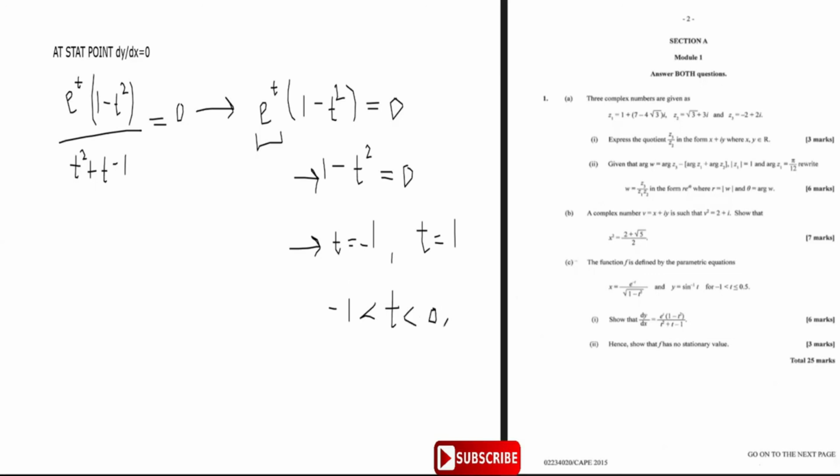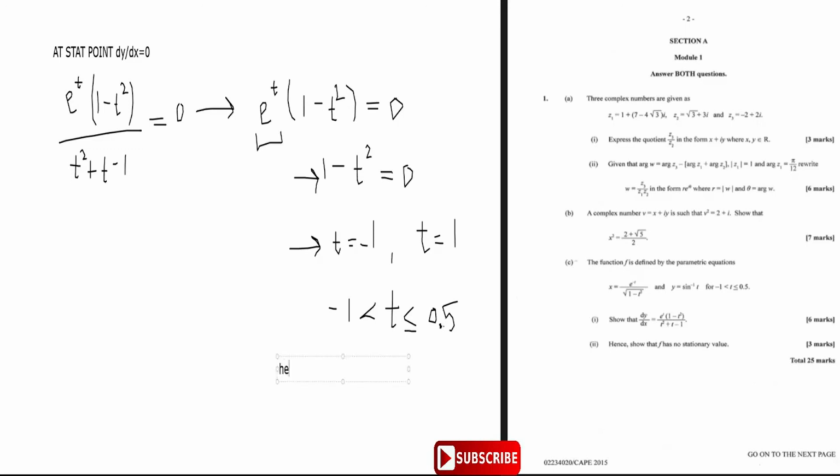Now, none of these values are between -1 and a half. So the function is only defined between these values. The stationary point 1 is bigger than a half, and -1 is not included; it's not inside the domain. So hence, it has no stationary point.